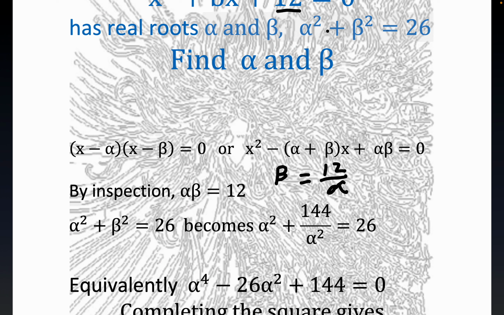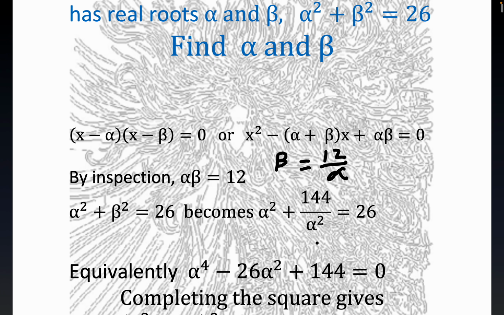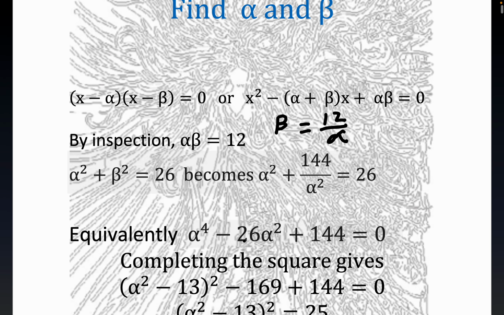This is one equation, two unknowns, but the product of the zeros being 12 gives us this nice substitution. I replaced beta with 12 over alpha and squared it, and you get 144 over alpha squared. Now, if we multiply through by alpha squared, we get this equivalent statement.